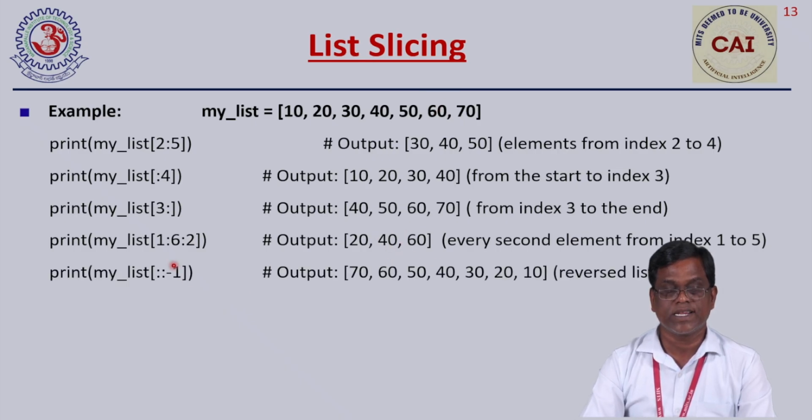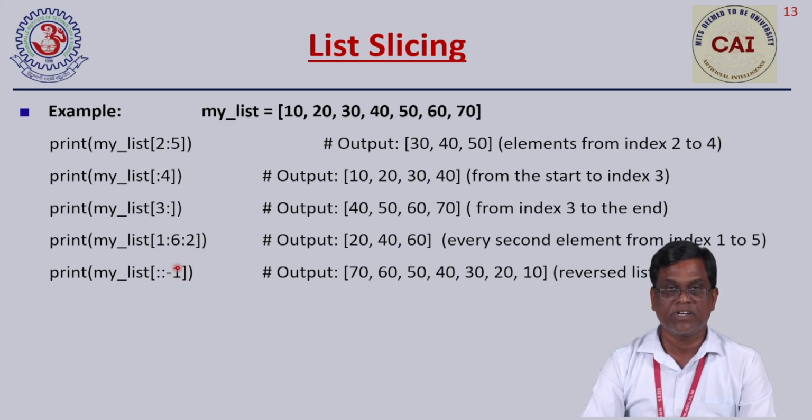And see the last example related to this slicing operation. It is a very important notation. My list of colon colon minus 1 we gave. Here we ignored the starting index and stopping index, and finally gave only the step count value, and the step count we gave is minus 1. So now we will get the list in reverse order.